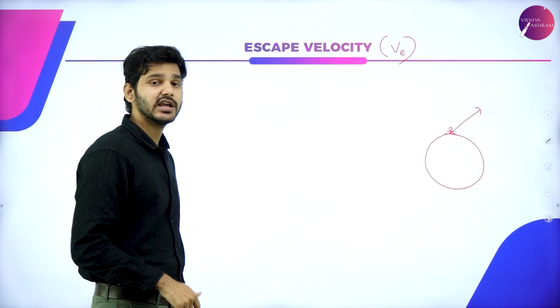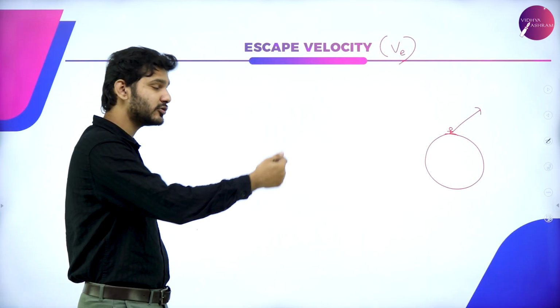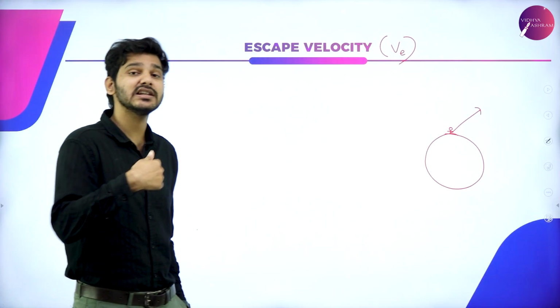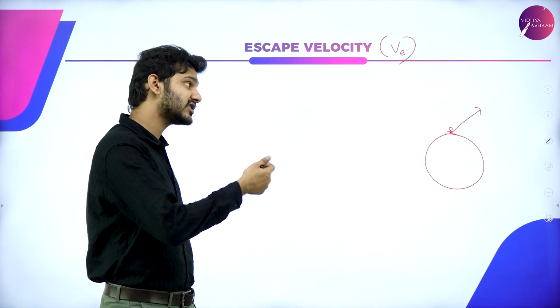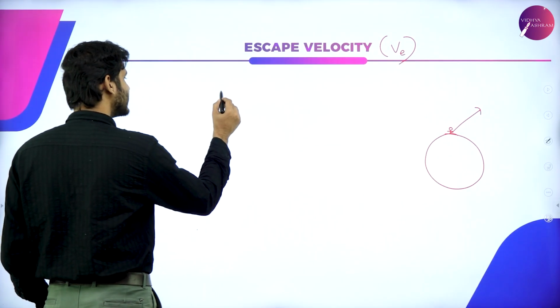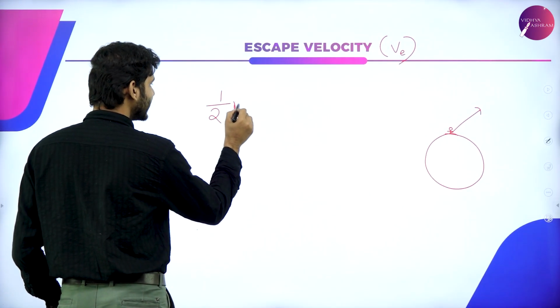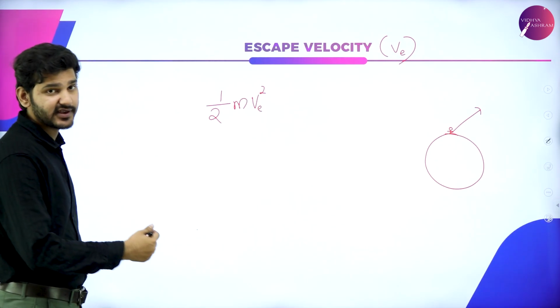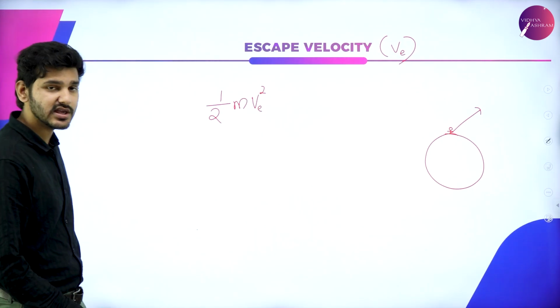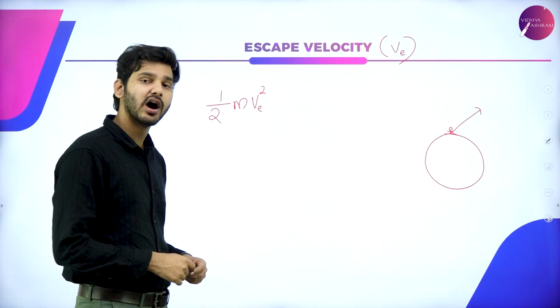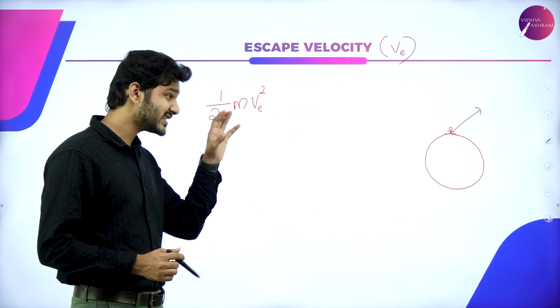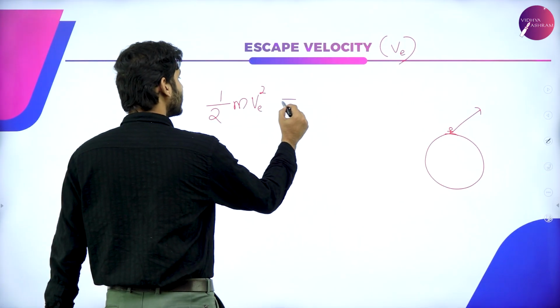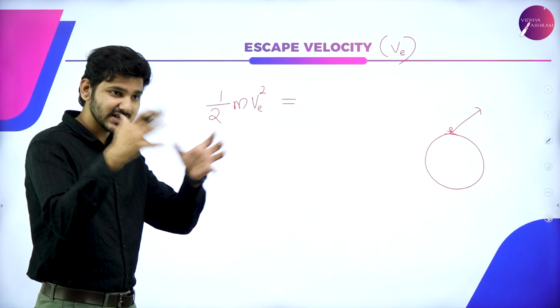Now, in order to escape Earth's gravitational pull, we need an energy that is at least equal to Earth's binding energy. Our kinetic energy is half m ve square, where v is the escape velocity ve. That should be at least equal to the binding energy of the Earth.